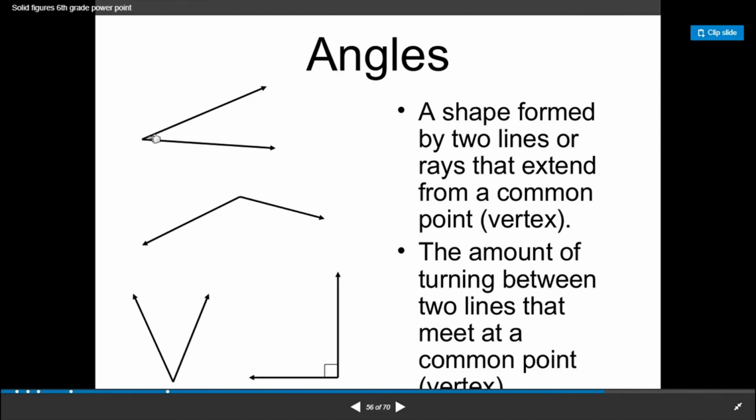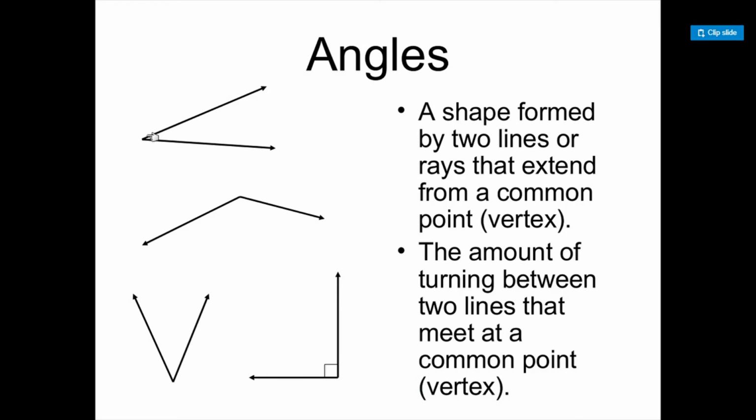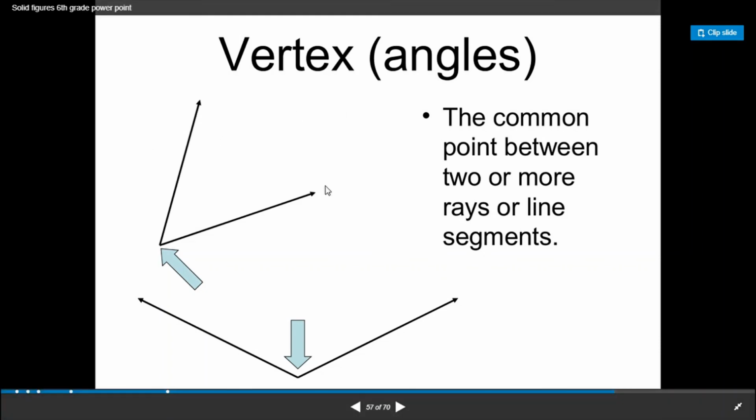An angle is formed by two rays, and the rays have their common point of intersection here. Once two rays meet, they create a vertex, and also they create what we call the angle. Vertex is the common point between two or more rays or line segments.